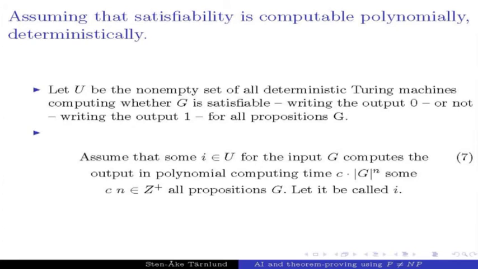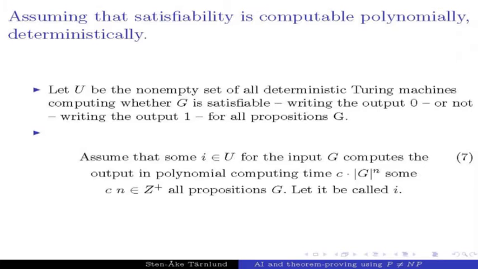Okay, so now we take up the problem of satisfiability. If you have a propositional formula, you want to see if it can be made true, if it is satisfiable or not. So I start here with a non-empty set of deterministic Turing machines that compute whether G, that is a proposition, is satisfiable.